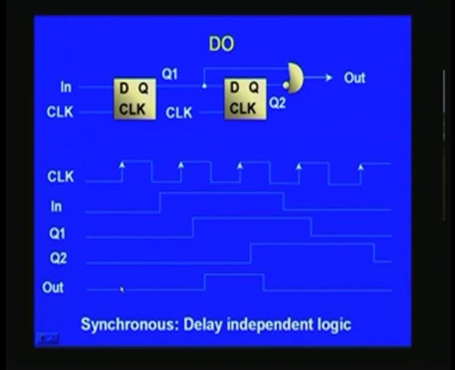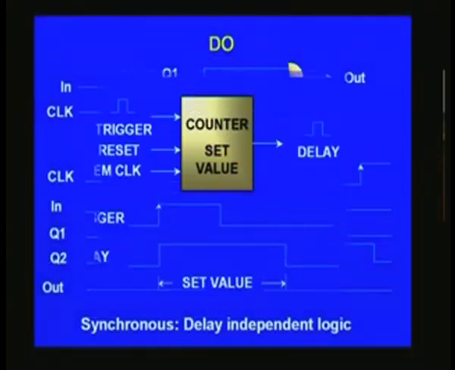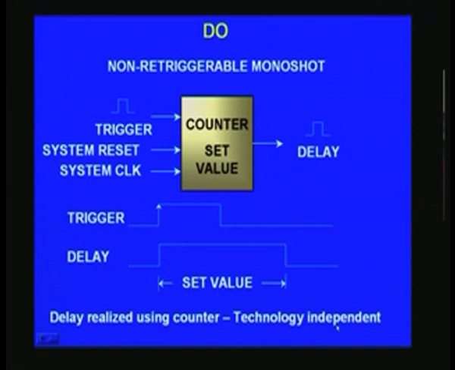And on the other hand, if you want high timings, say of the order of milliseconds or even seconds or even beyond, we have already seen one application called non-retractable mono, that is what is put here. Just to recollect what we have done earlier, it is based on a counter, 8-bit wide, and you have a setting also inbuilt there, and you can trigger this.